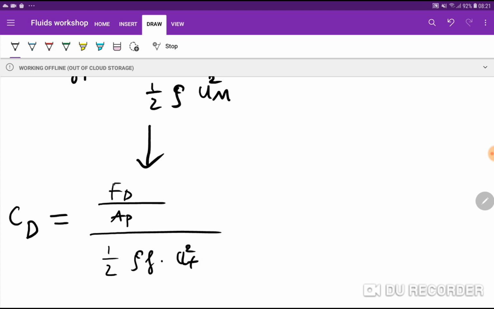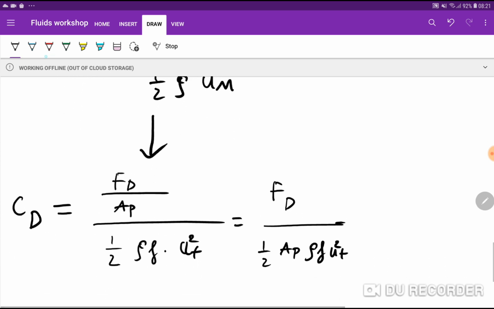UT here is not UT Austin. UT here is the terminal velocity. Rho F is the density of the fluid. If you simplify this further, you get drag force over 1/2 AP rho F UT squared. This is a new formula we will use for this chapter.